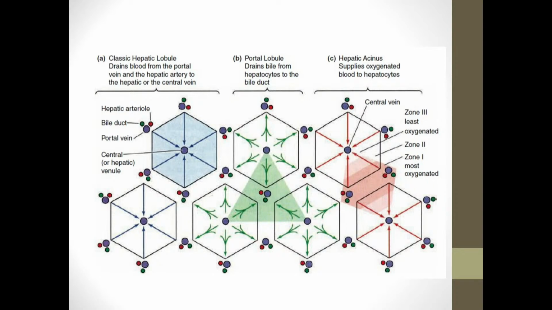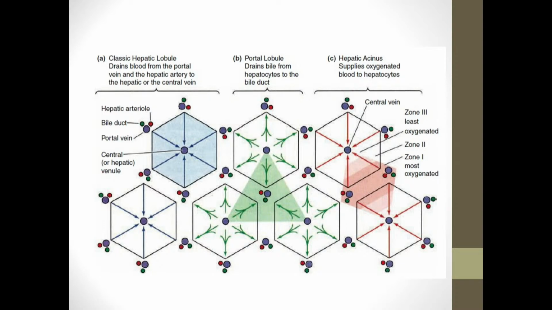Why? Because these cells which are located near the portal triad receive oxygen and nutrient rich blood. Yes, oxygen rich blood by the artery and nutrient rich blood by the vein. So they are the first zone cells, which receive oxygen and nutrient rich blood, and in these hepatocytes active synthesis proceeds.